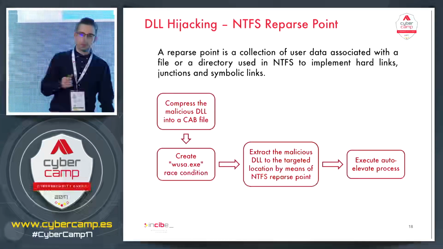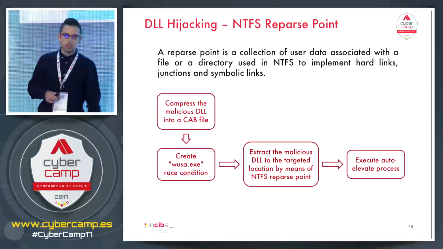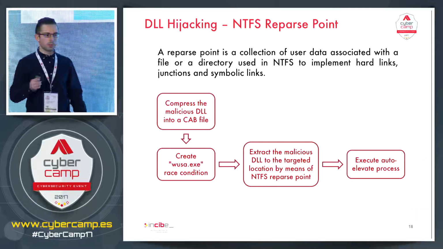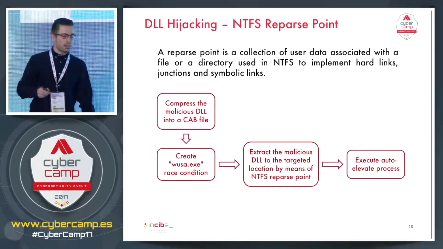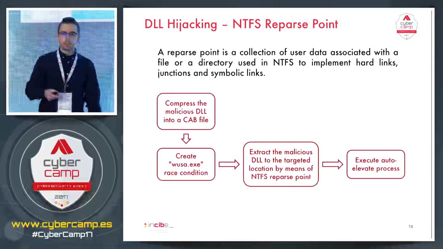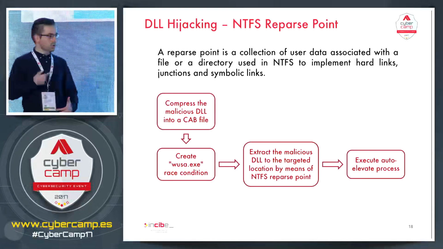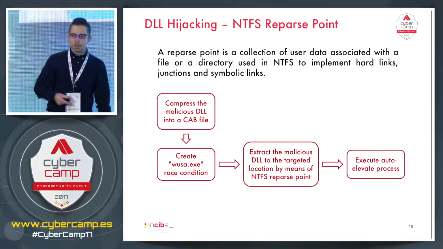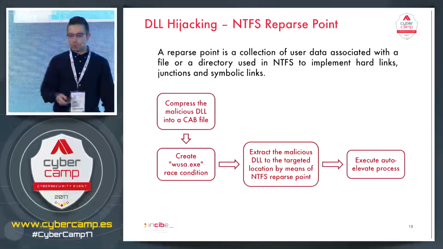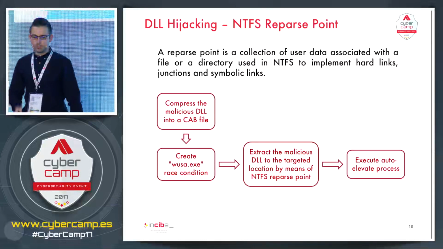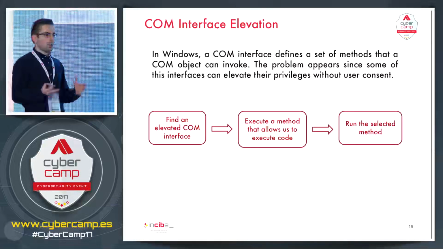Then we would create a WUSA.exe file that will allow us to extract our DLL to any location in the hard disk without using anything else. So finally, when the DLL is copied, we will run the auto-elevate process that will load our DLL instead of the original one.